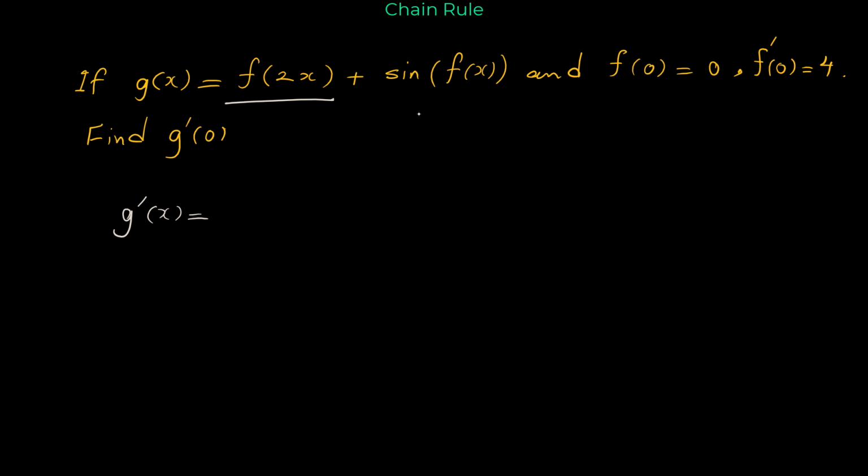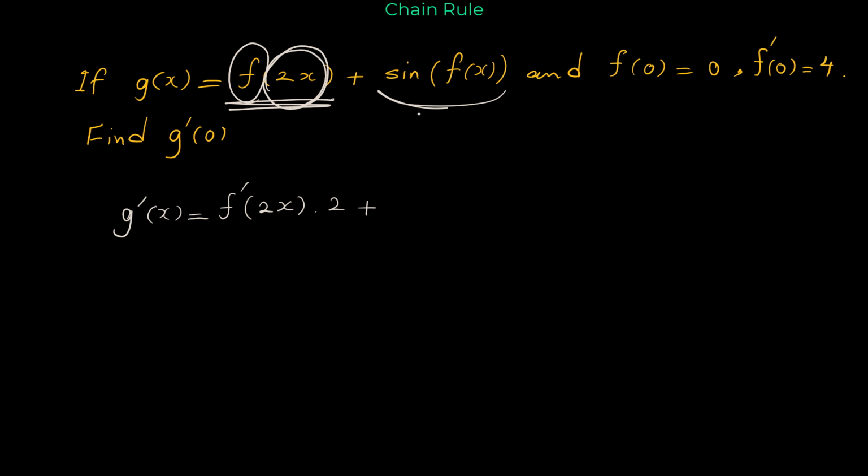First, attention to here. F is the outside and the 2x is the inside. Based on the chain rule, first we have to find derivative of the outside. The outside function is f and derivative of f is f prime, and leave the inside. Then multiply by derivative of the inside. The inside is 2x and derivative of 2x is 2.